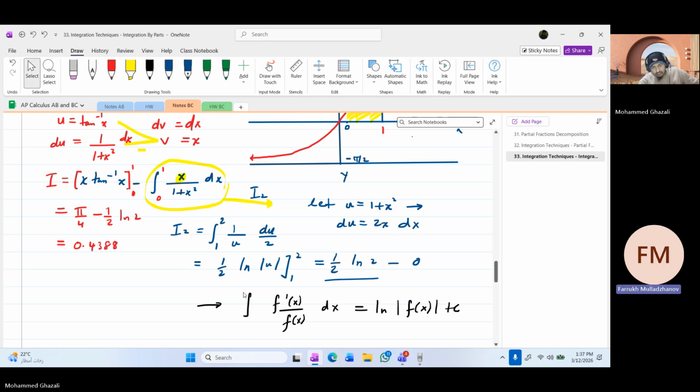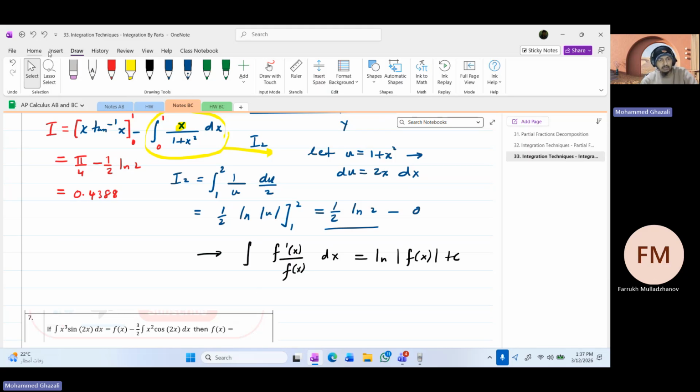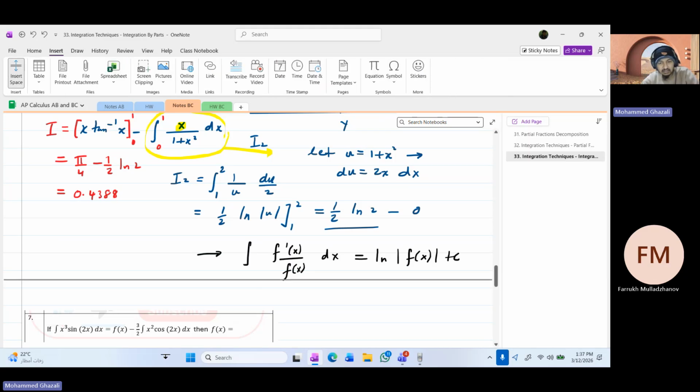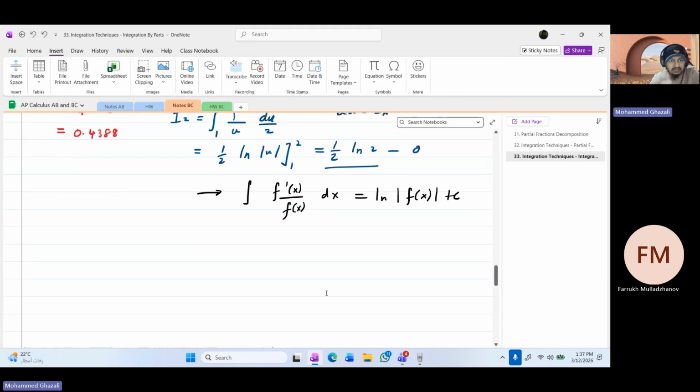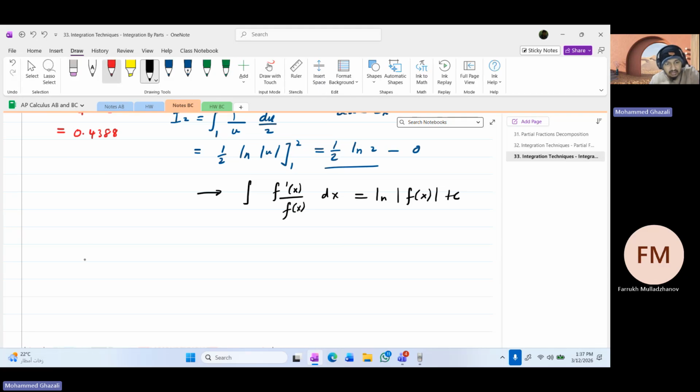I can give you another example of u substitution, but using e. So if I ask you what's the integral of e to the power x cubed plus 3x plus 2, and over here I can put 3x squared plus 3, for example.